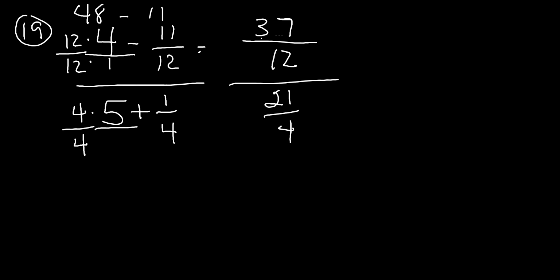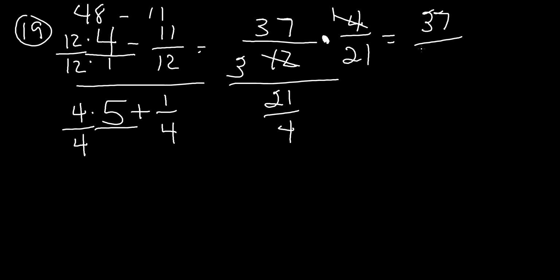Keep the top fraction multiplied by the flipping of the bottom one, which is 4 over 21. And let's just simplify this. 4 goes into 4 once, 4 goes into 12 3 times. And it looks like that's all I can do. I have 37 over 63. All right, that's number 19.